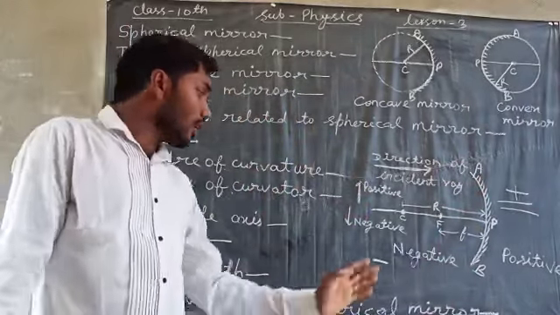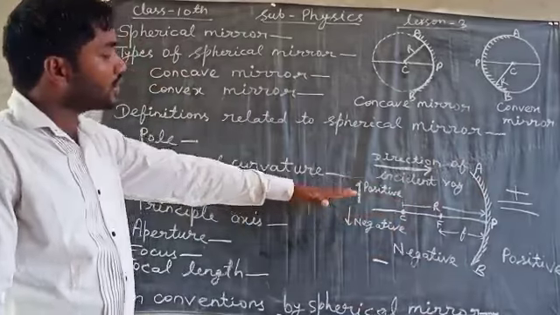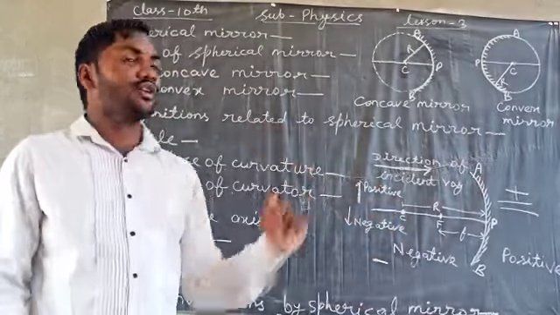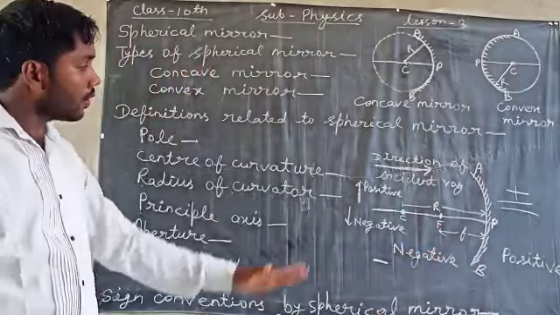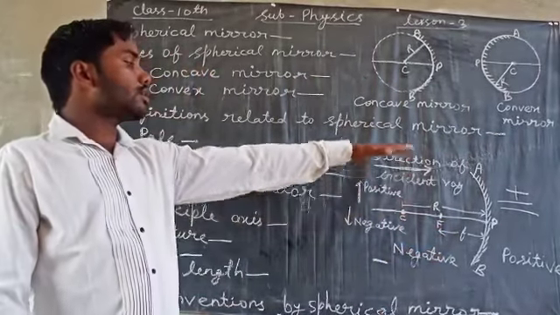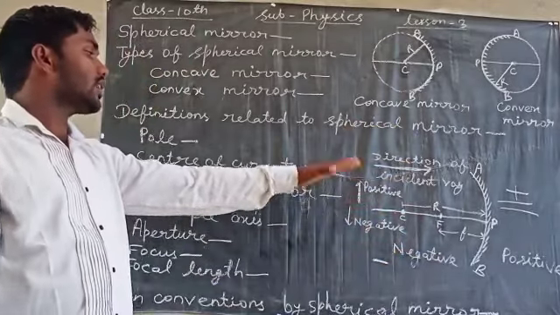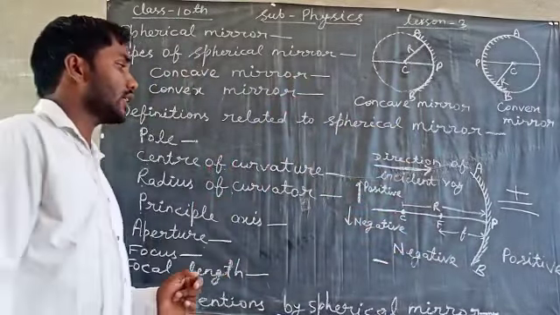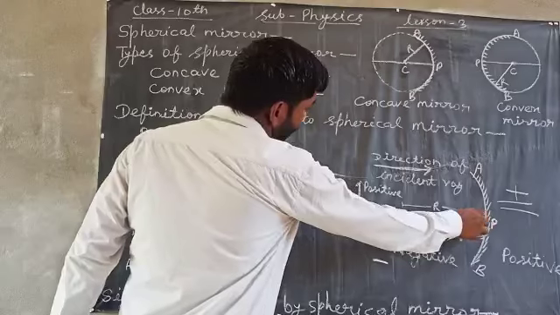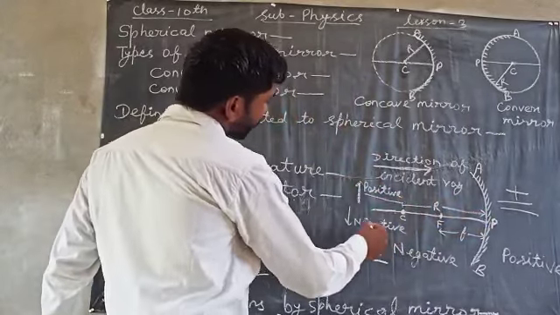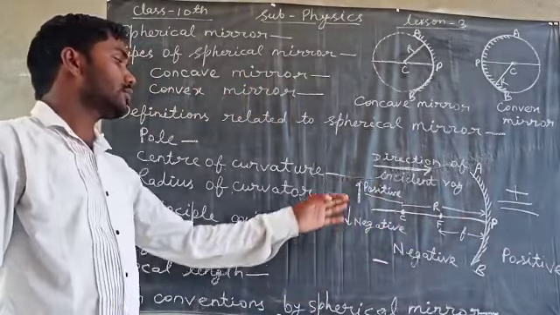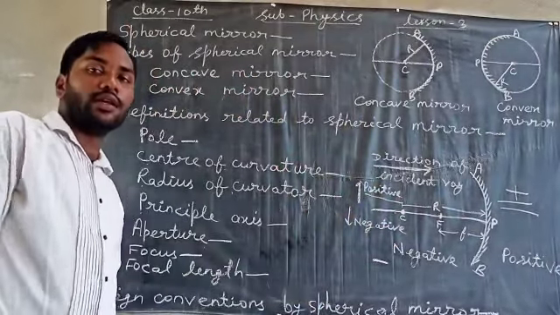The distance or position of anything upward from the principal axis is considered positive. You can see this is the principal axis, and the upward side is considered positive and the downward side is considered negative.